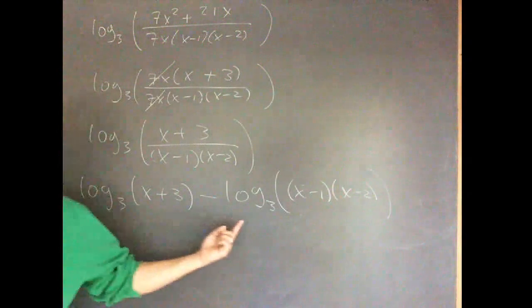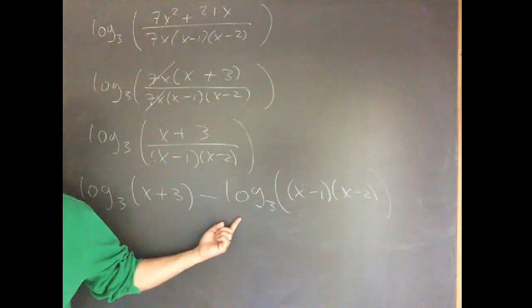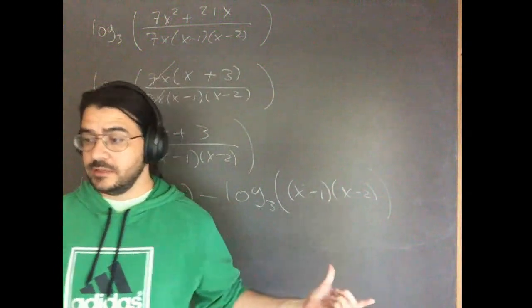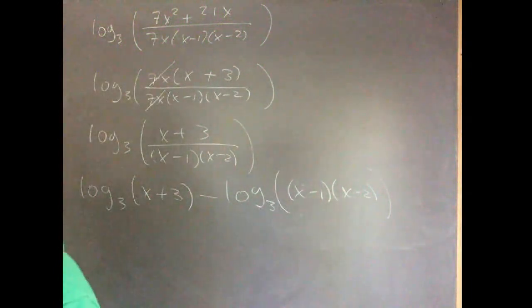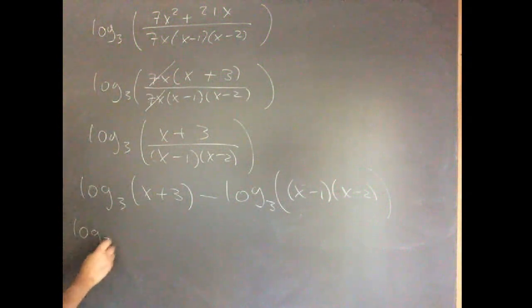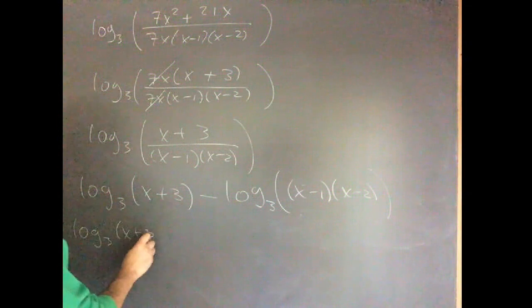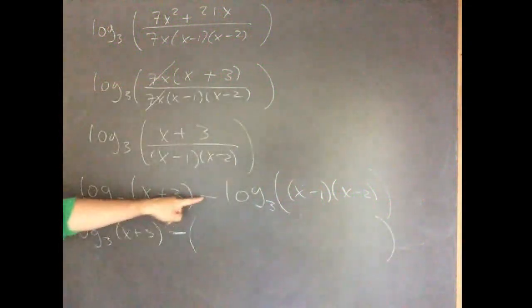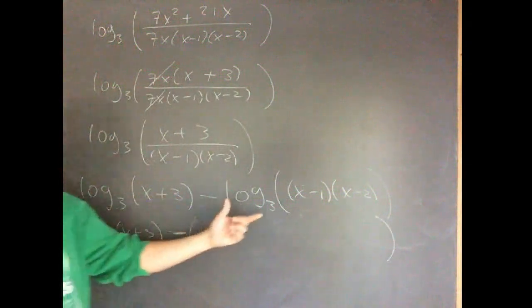Okay, so now we have two logarithms, so we've expanded the division, and then we can expand this multiplication and now rewrite it in a format that has 3 logarithms. Okay, so this is going to be log base 3 of x plus 3, and then parentheses, because this minus sign is on the outside.